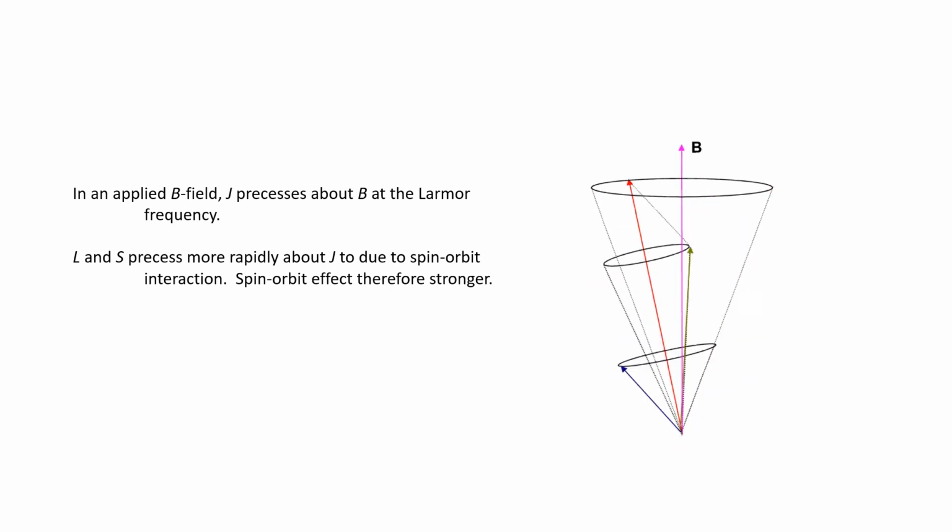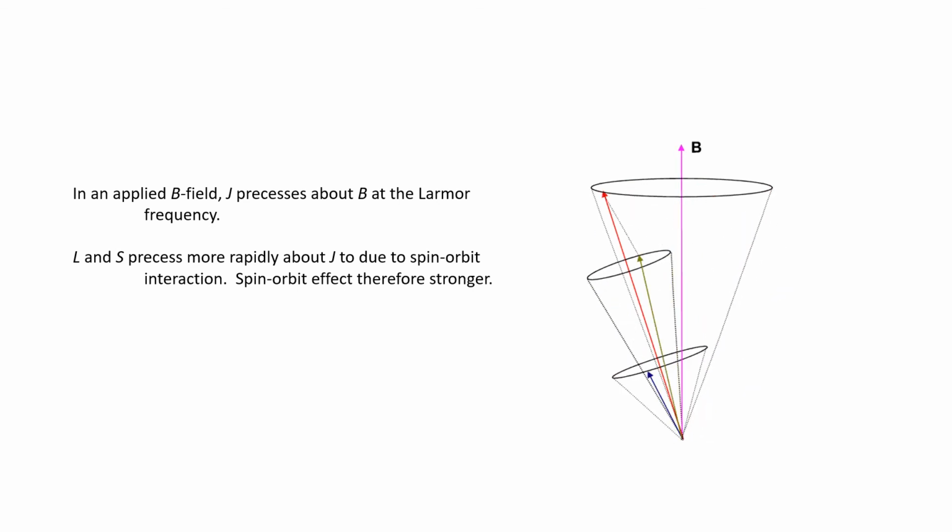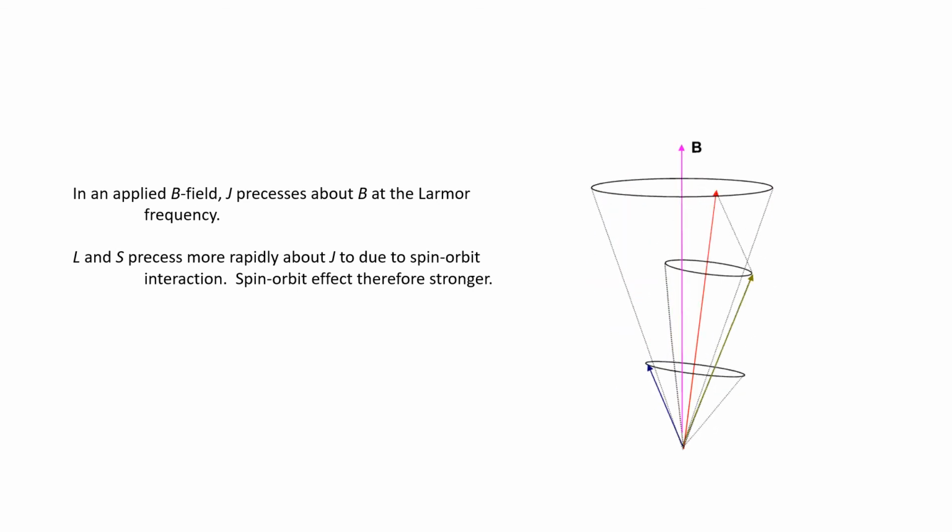The speed is fast for the lower two circles due to spin orbit interaction. Spin orbit effects are therefore stronger here. And finally, we observe less precession, that is the Larmor frequency, there on the top side.